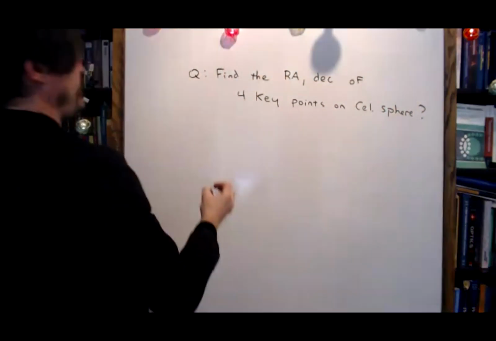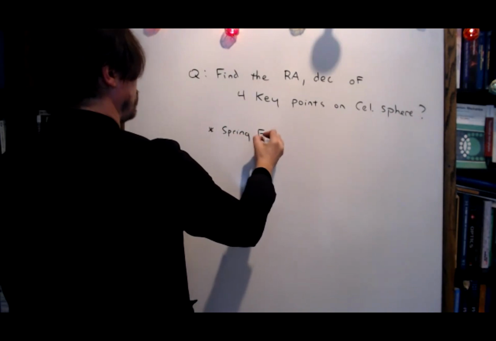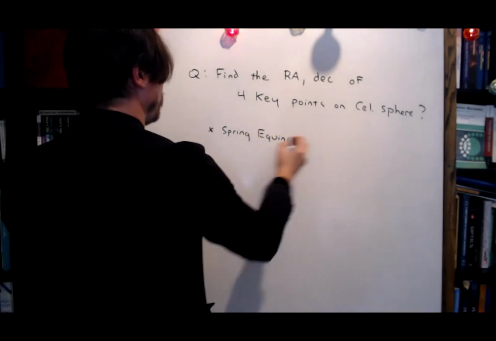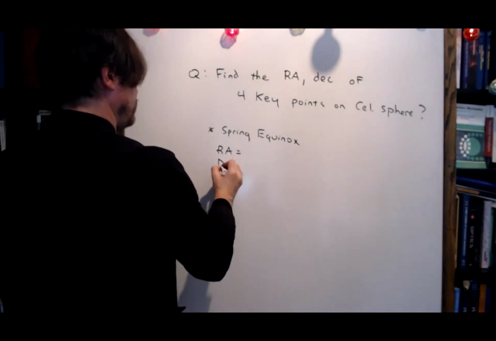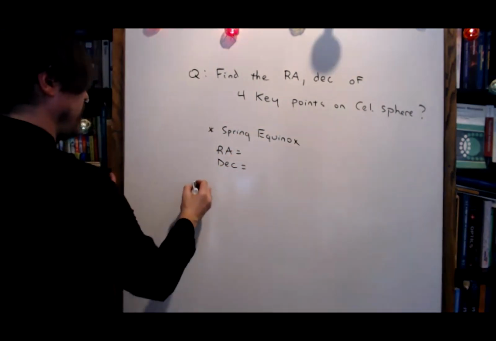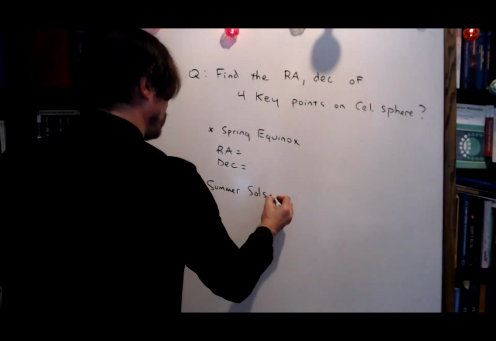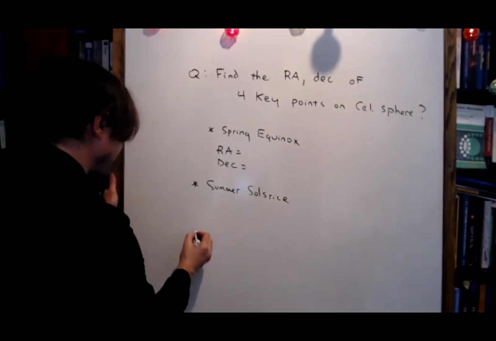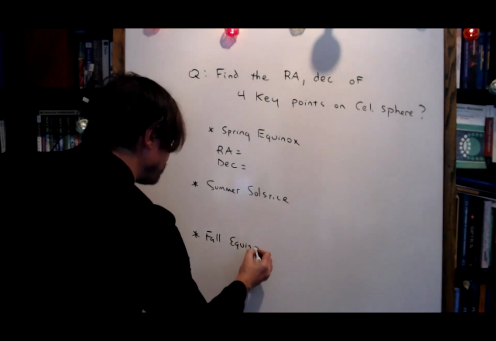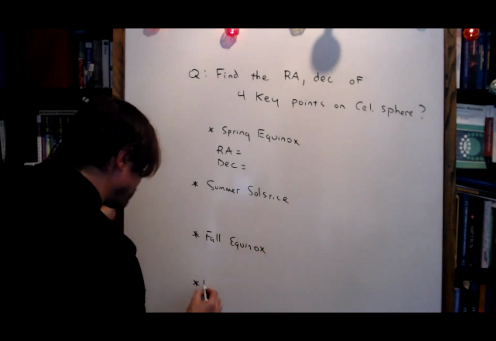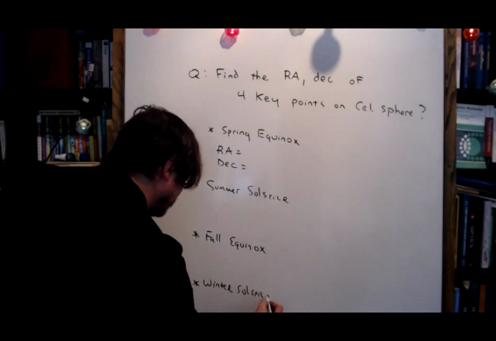The 4 key points are the spring equinox, that'll have a right ascension and a declination, the summer solstice, the fall equinox, and the winter solstice.